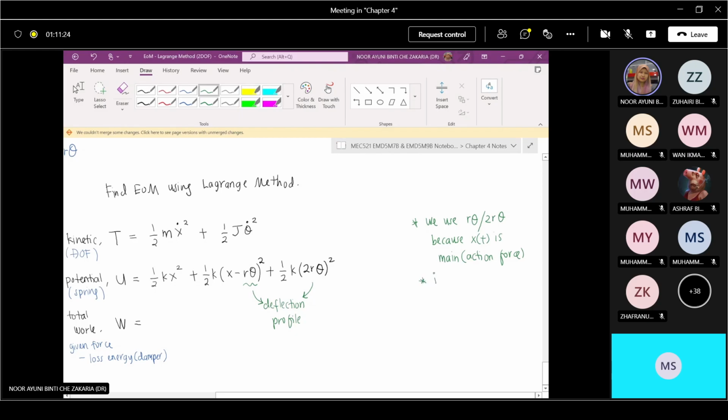So you need to know if theta is the main, so you have to change the x. So kena terbalik lah. In that case, your x is going to be x over r. Maknanya x ni yang akan berubah lah. I mean x ni, you have to put x over r minus theta.